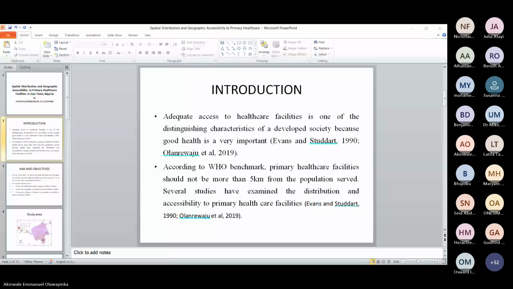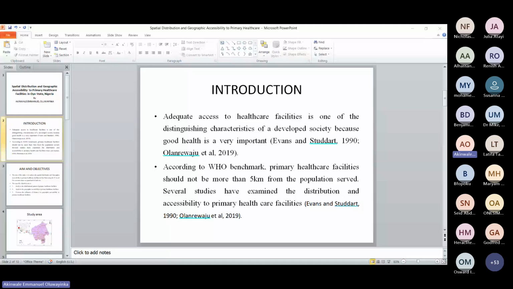Early this year in Nigeria, we could really feel the excess heat, which many people complained about. This is a result of climate change, and some of these things used to cause a lot of sickness. That is why access to healthcare facilities is very important.